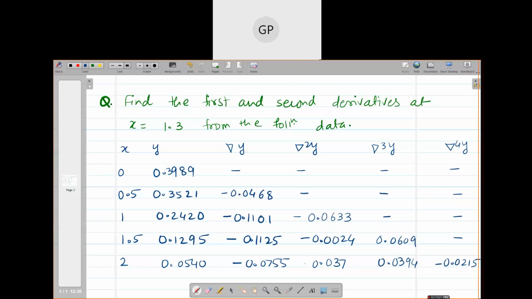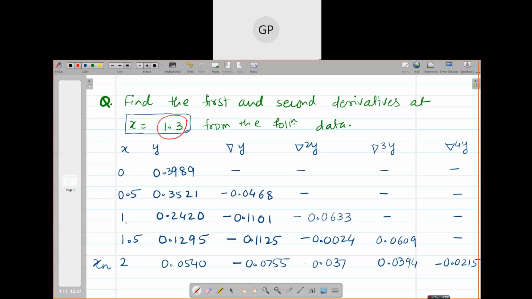Now what is xn here in this table? 1.3. No, it is x. 1.3 is your x. We will not set this as our xn. We will use the original xn as it is. 1.3 does not lie in the table.